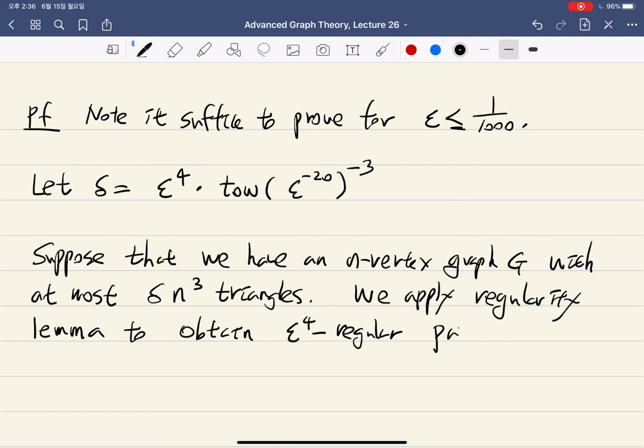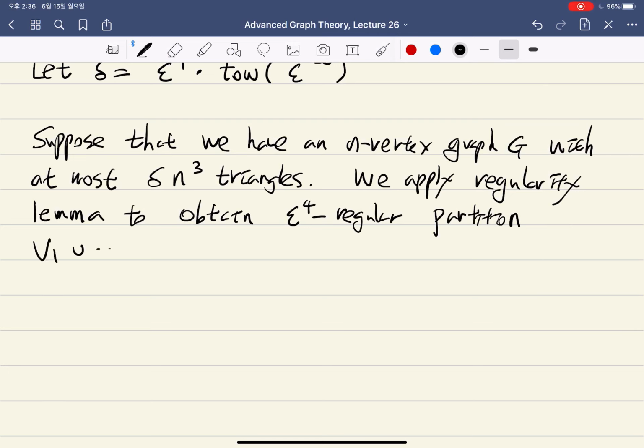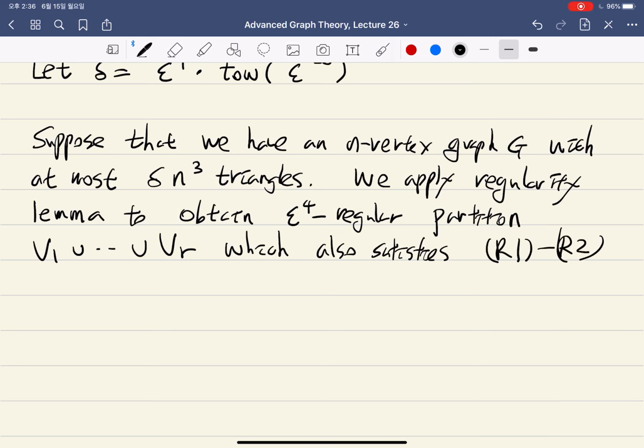So we have an epsilon to the 4 regular partition V1 to VR, which also satisfies R1 and R2, meaning that this is an equitable partition.